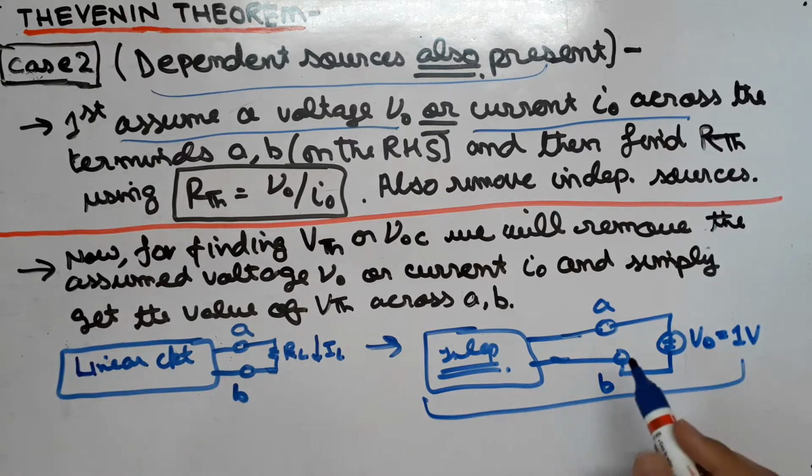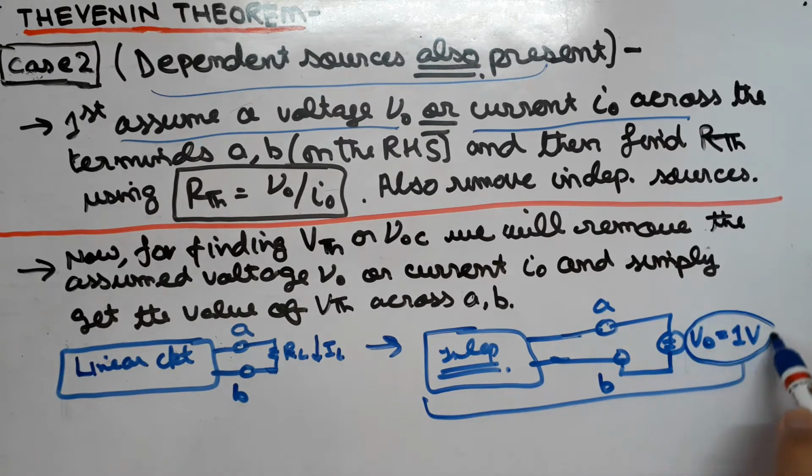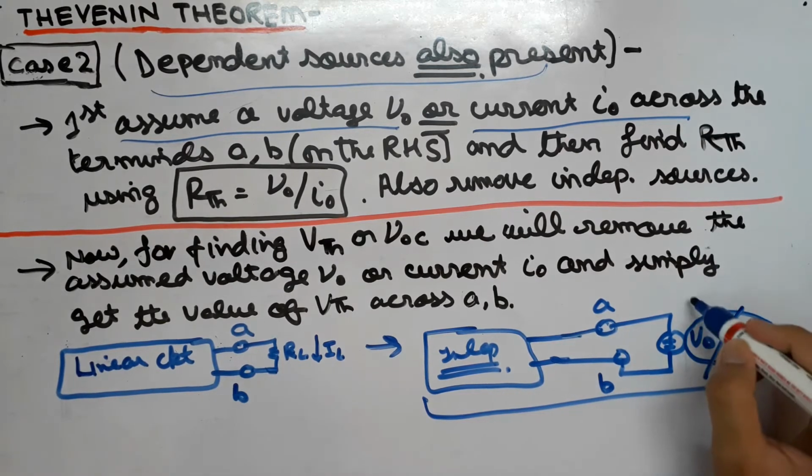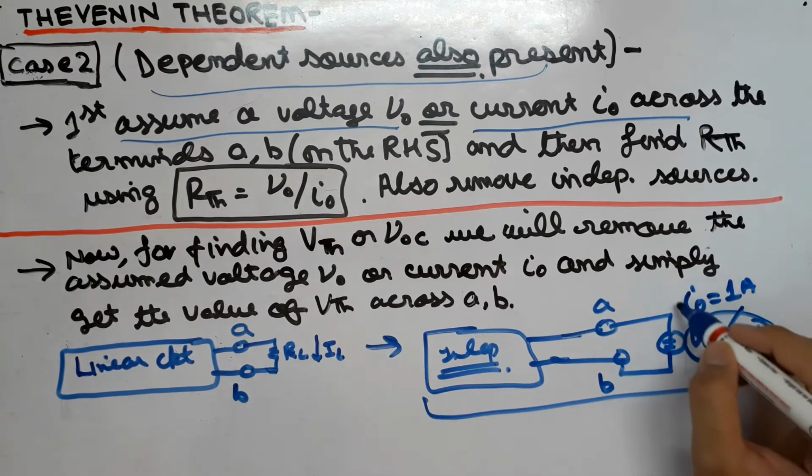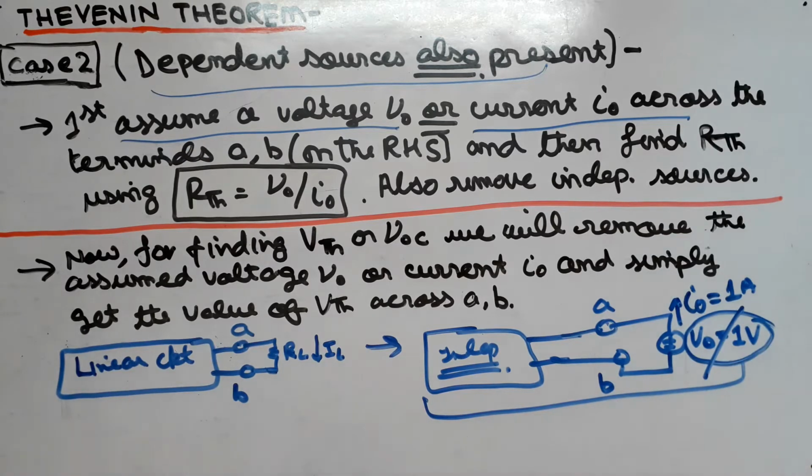That is, we will find the value of RTH by assuming a 1 volt voltage source, or instead of this, we can assume I0 equal to 1 ampere, which you can consider to flow in any direction. I am considering it to flow from down to the top portion of the circuit.